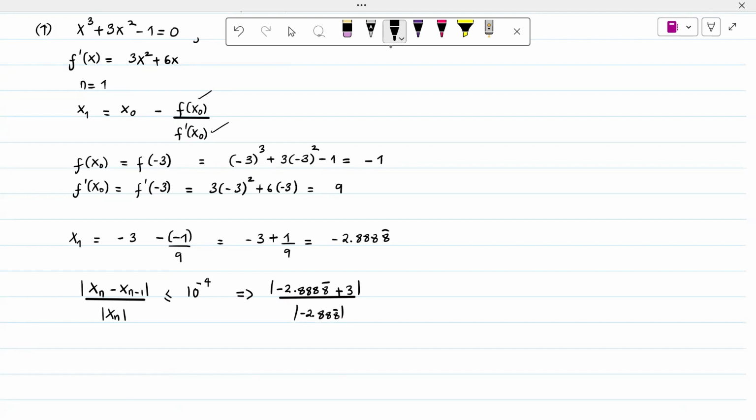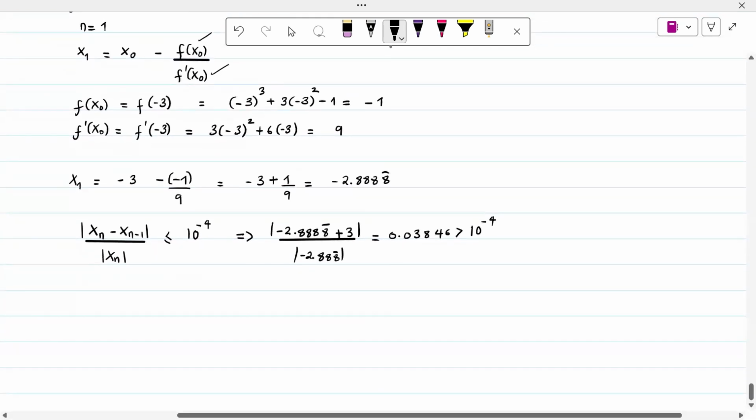So what do you get if you check that? I'm getting about 0.038, but someone should also check and confirm if this is true. And this is greater than 10 to the power -4. So we still have more work to do.